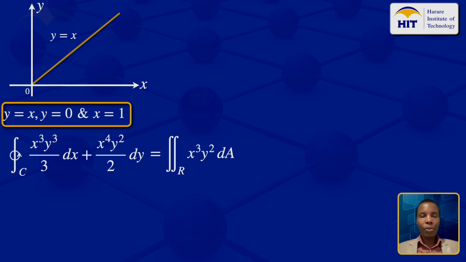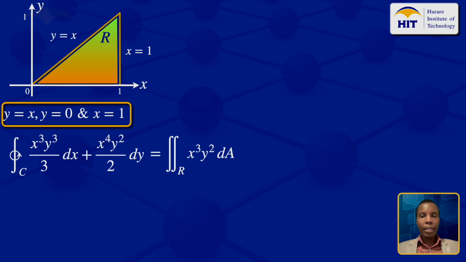The line y equals 0 is the x-axis, so it's already there. Then I put on the point x equals 1, plot the line x equals 1, label it, and label the 1 on the x-axis. So the region bounded by these lines is this one that I've just shaded. That's our region R.